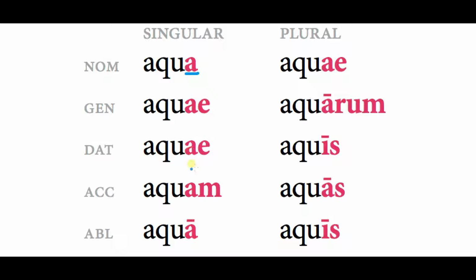I'll do it anyways. Arum, is, as, is. So there you have it. The endings are already in a different color. This declension sheet can be found online. I'll post a link in the description, but you should have a copy in your books, lesson 29, I think. Something like that.